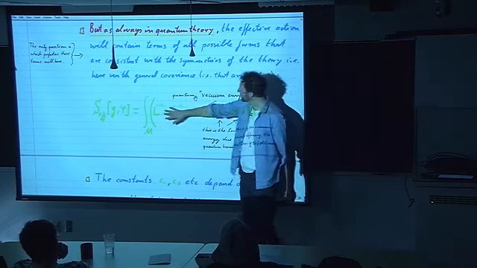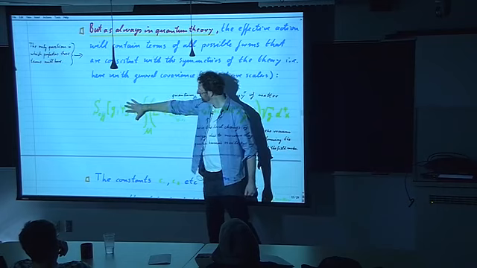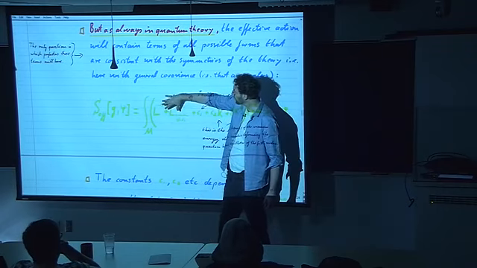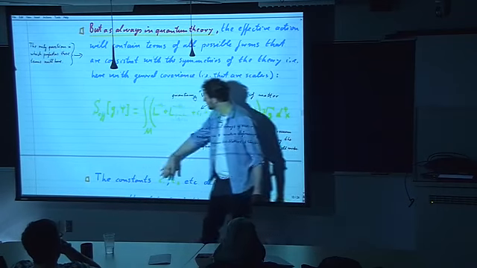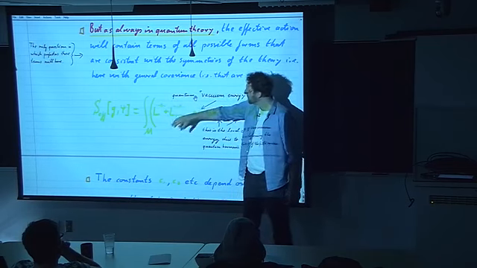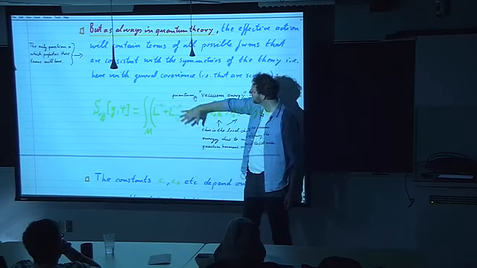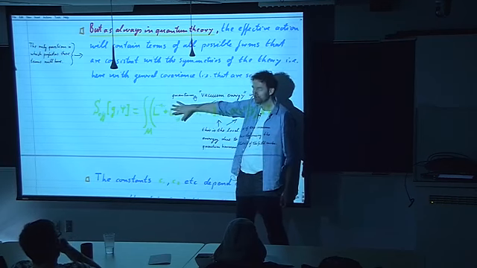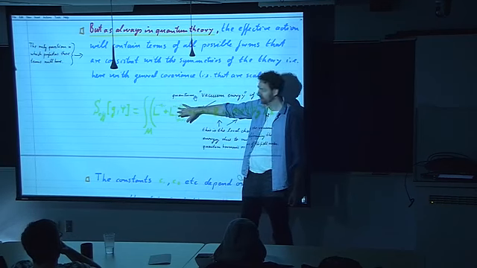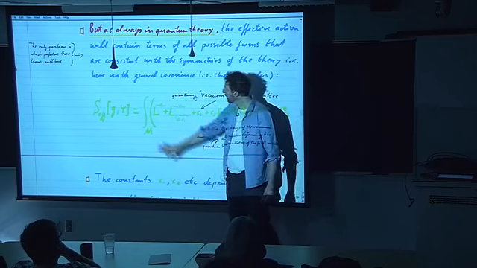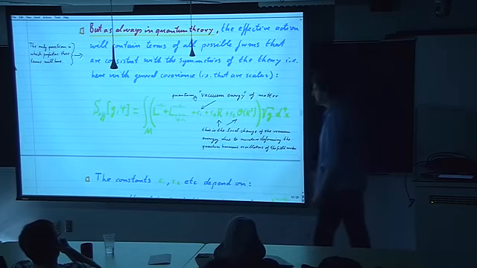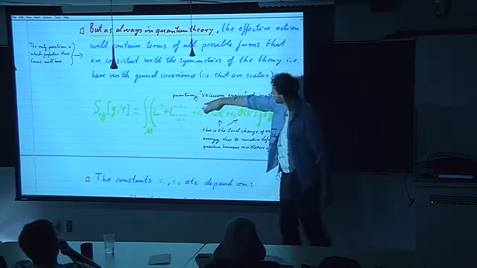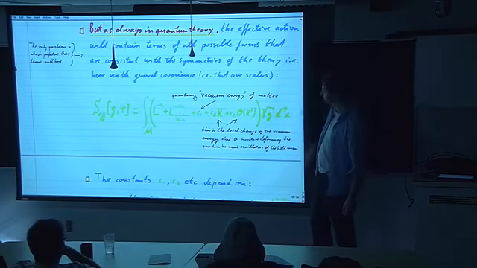But remember the general feature of the process of going from a classical to a quantum effective action. The general feature is that the extra terms that arise are all possible terms that are compatible with the symmetries of the theory. And if you work on a general curved space-time, then these additional terms are all possible.